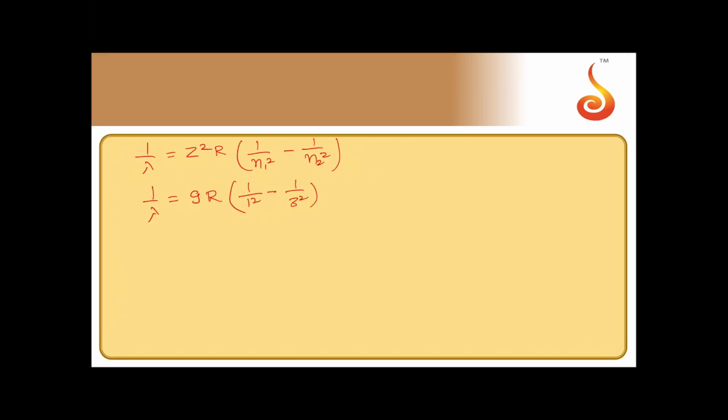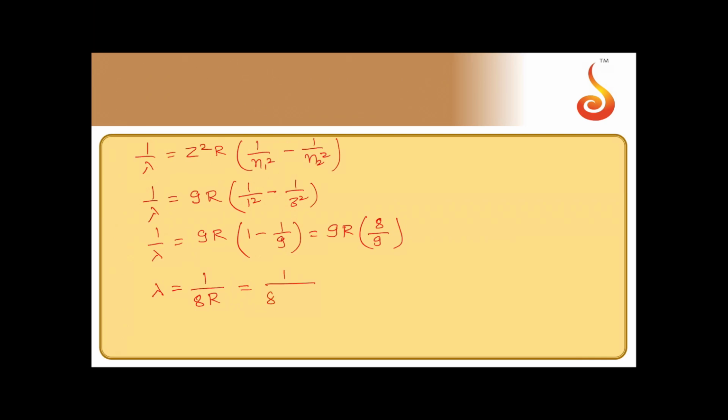This is 1 by lambda. So 1 by lambda is equal to 9 into R into 1 minus 1 by 9. So that will become 9R into 8 by 9. So lambda will be equal to 1 by 8R.